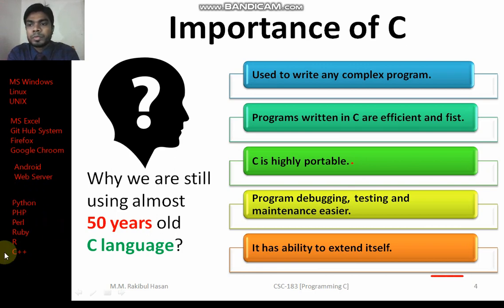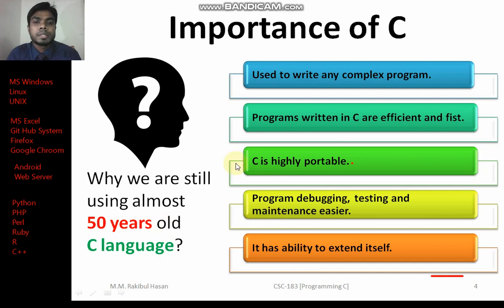So you see, that's why C programming language, though it is the old one, we can call it the mother of all languages. So that's why if you want to start your career as a programmer, it is a very good decision to start your career with C programming language.